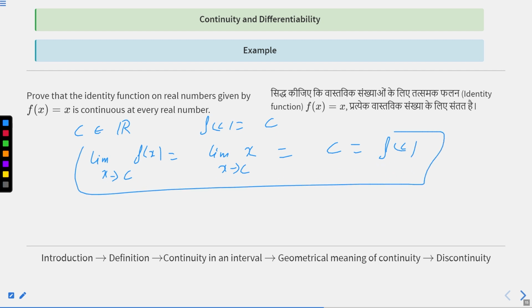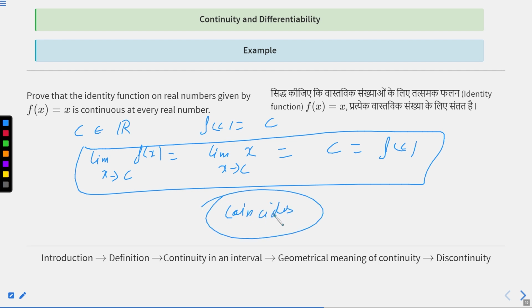So your limit and the actual value coincide. Whenever the values coincide, this means your function is continuous at this point c, and c can be anything. So your function is continuous on every point of the real numbers, or every point from the domain.